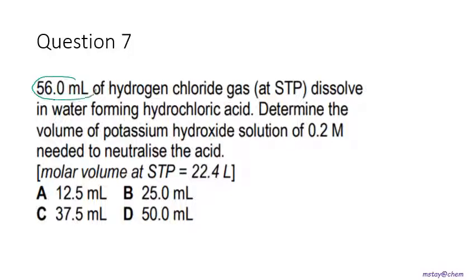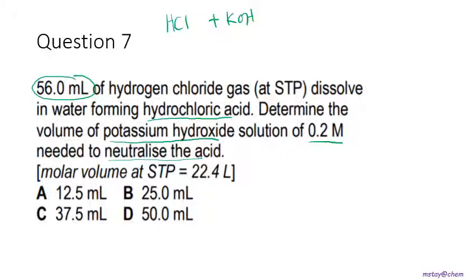56 ml of hydrogen chloride gas is dissolved in water to form hydrochloric acid, so we have the formula HCl. Determine the volume of potassium hydroxide, KOH, solution 0.2 molar needed to neutralize the acid. After we read this question, we have the idea this is a stoichiometry question.